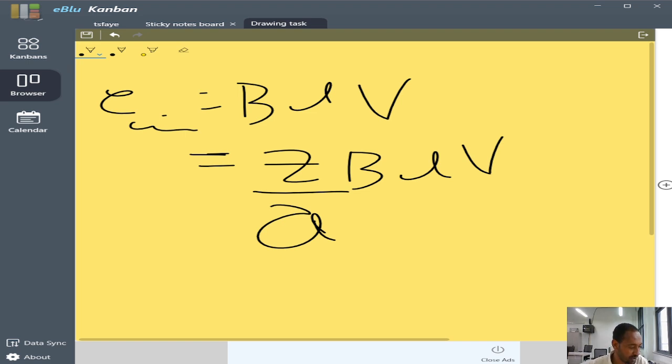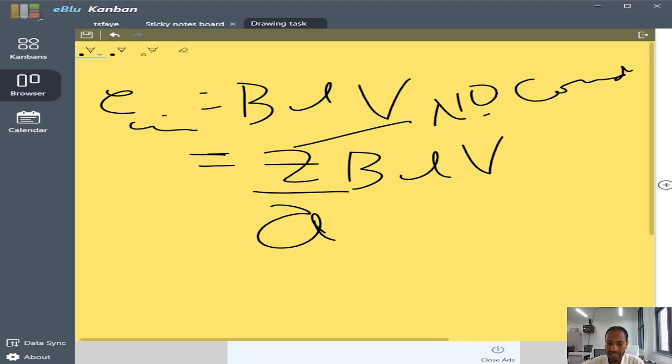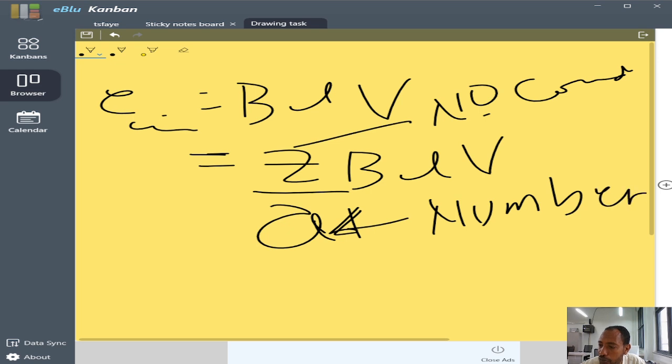Therefore, the induced voltage is going to be proportional to Z, where Z is the number of conductors in our armature, and A is the number of paths for current flow.